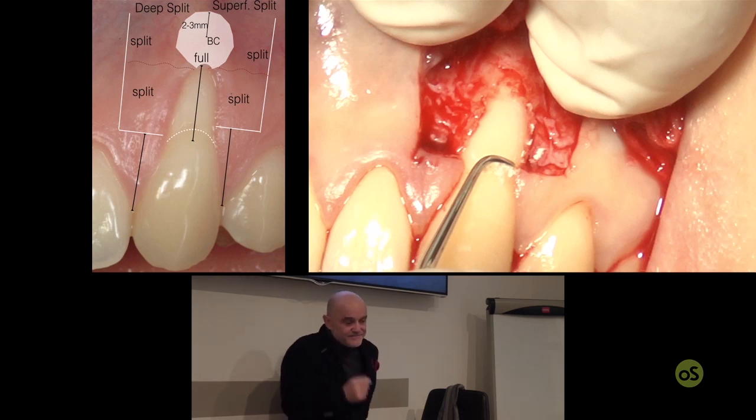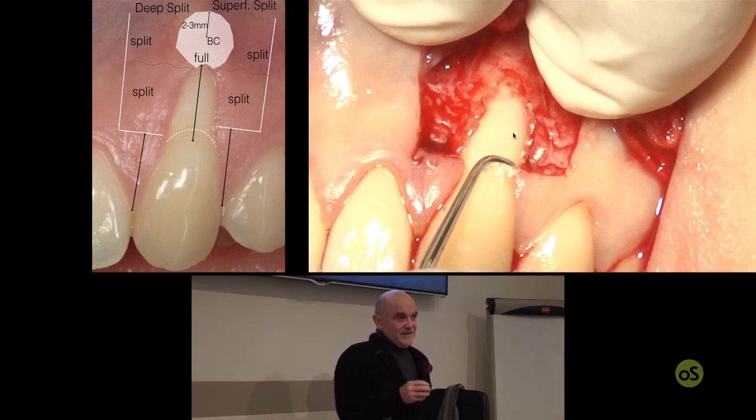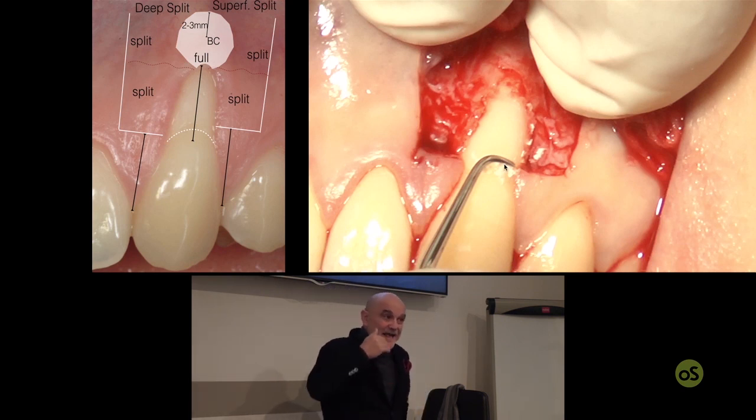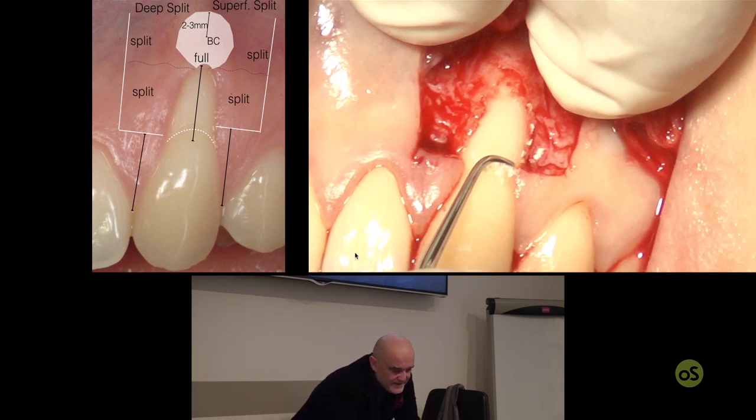In the beginning, when we use the curette, a lot of root material is removed because it's very demineralized, while as we continue root planing, the noise coming from the dentin becomes the typical crunchy sound of healthy dentin. And once the noise and the feeling with the curette is that of healthy dentin, not demineralized, not soft, this is the time to stop root planing.